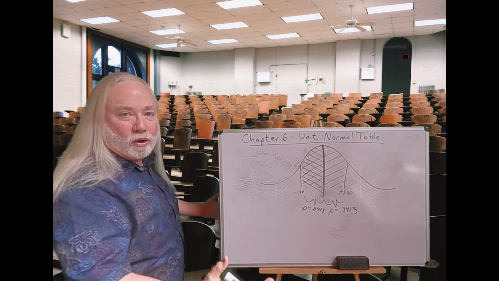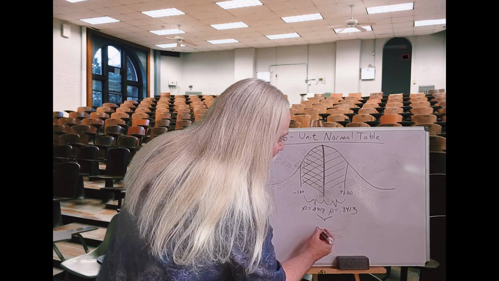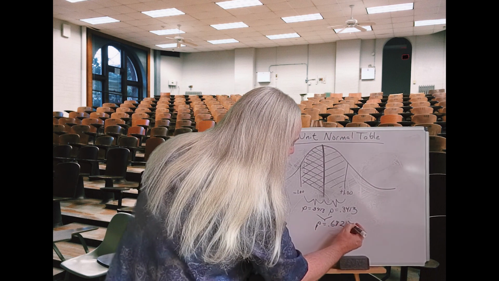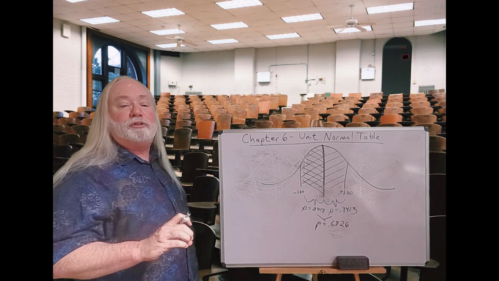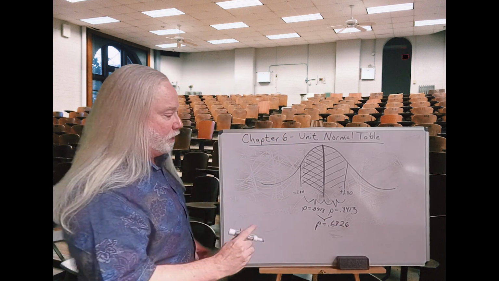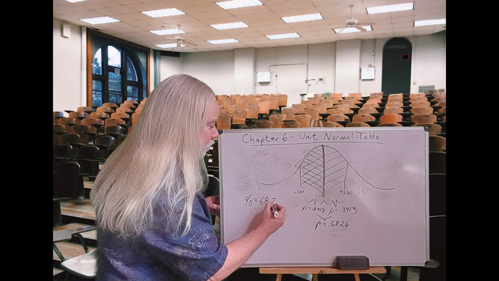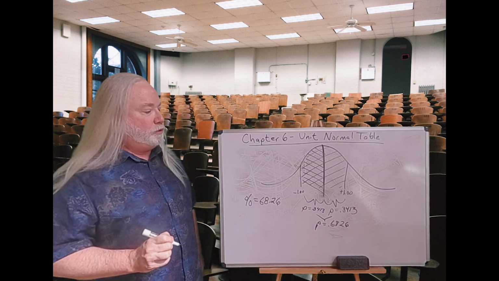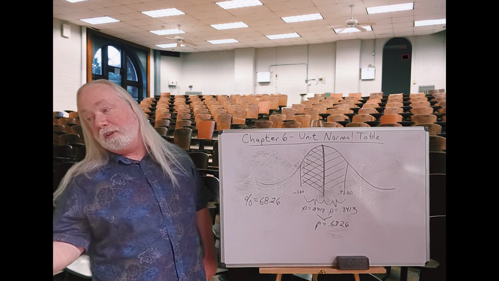We want to add the whole thing together. So if we add both of these things together, we get a proportion of 0.6826. The question, as I originally posed it, was what percentage of those scores, 68.26%. Almost 70%, roughly 70%.